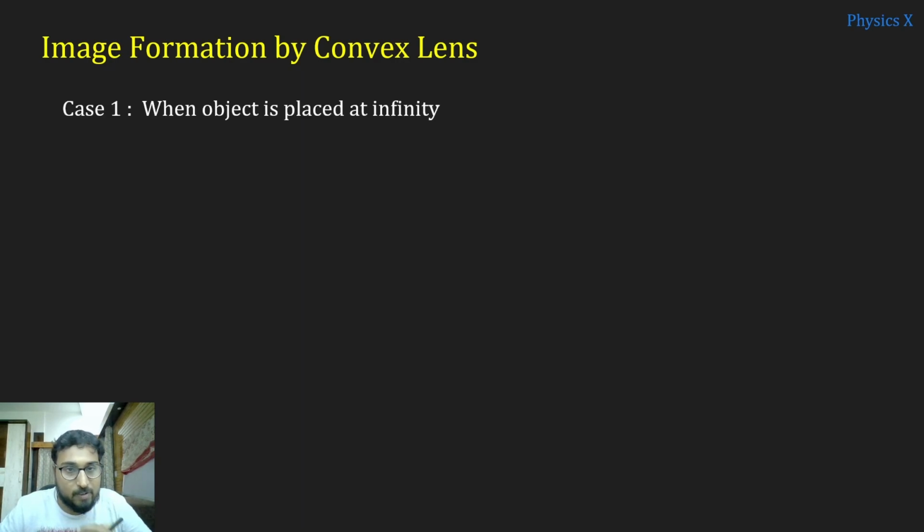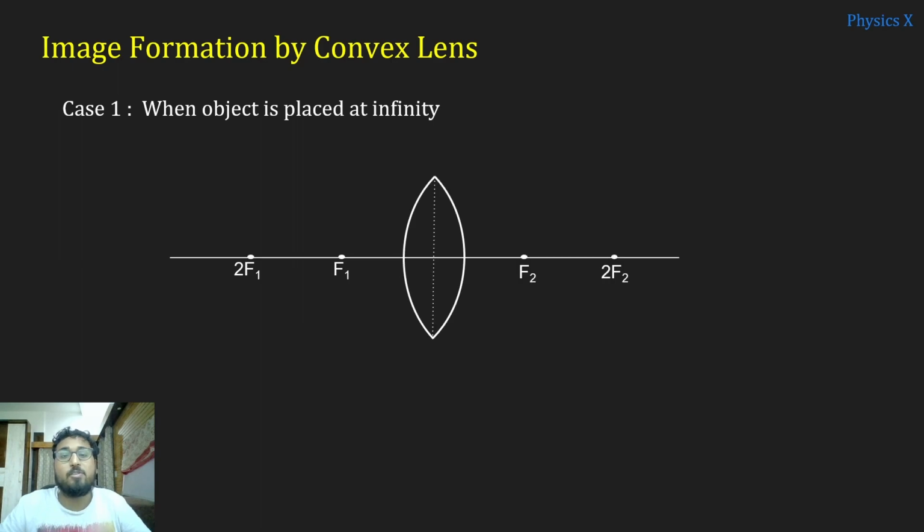First of all, let us say the object is placed at infinity. So this is your convex lens, and the object is placed at infinity. That means the rays of light are coming from somewhere very far away. So these are parallel to the principal axis. They will be meeting at this focus point. So this is your image point. An image is formed as point sized.